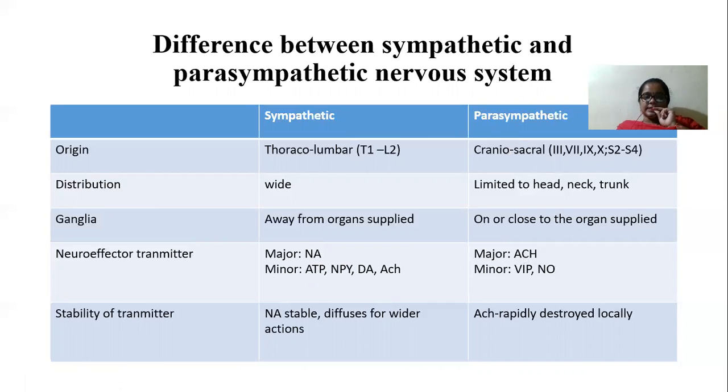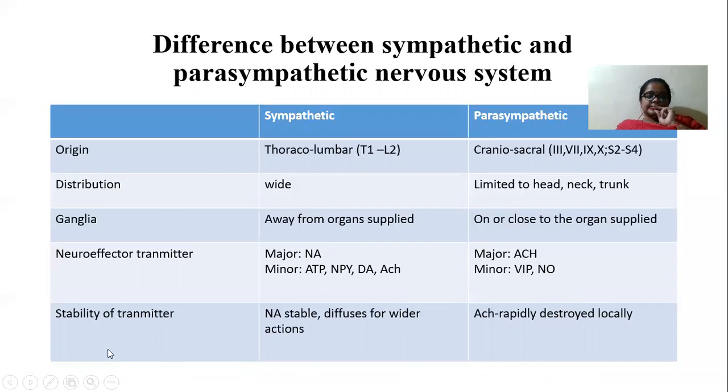ACh means acetylcholine, NA means noradrenaline, ATP means adenosine triphosphate, NPY means neuropeptide Y, DA means dopamine. In the parasympathetic nervous system, the minor neurotransmitters are vasoactive intestinal peptide (VIP) and nitric oxide (NO).